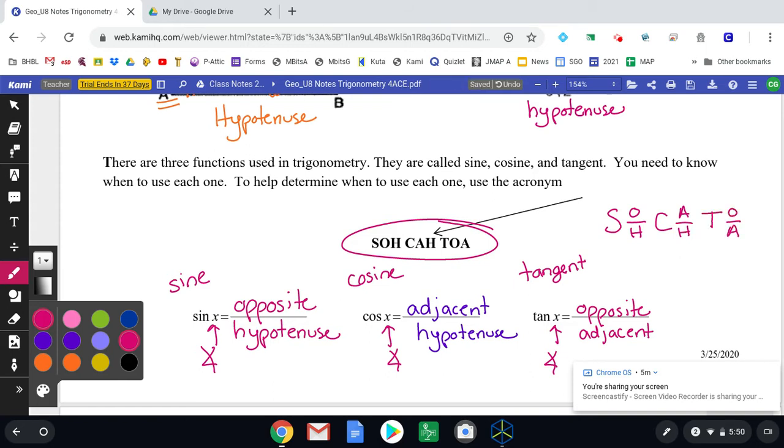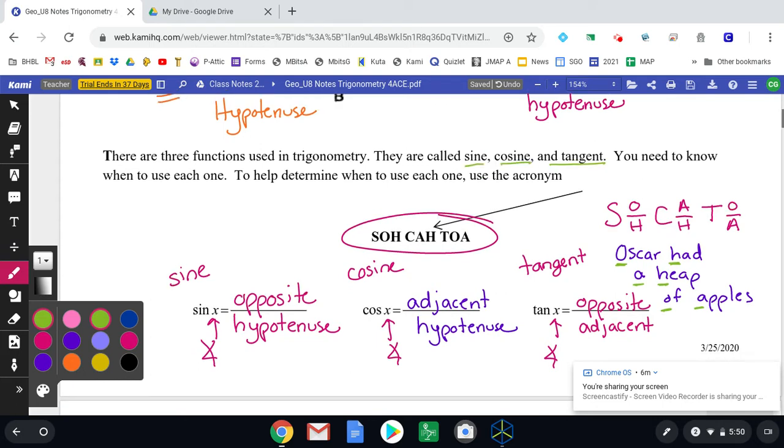Some people like to think about it like a little rhyme, like Oscar had a heap of apples. And then notice OH, AH, OA. They're always going to go in that order: sine, cosine, tangent. And your calculator does the same thing, so it's easy to remember.